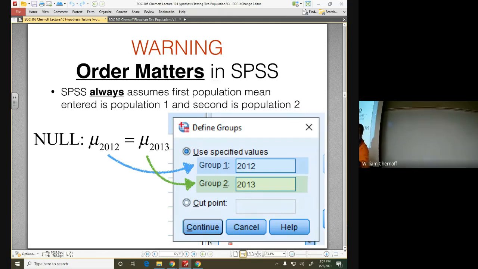So that's going to be population 2, group 2. So it goes down here. You need to make sure your hypotheses are consistent with this order. You need to make sure that SPSS is consistent with that order. Otherwise, SPSS is going to give you conclusions and results that are going to be backwards and wrong.